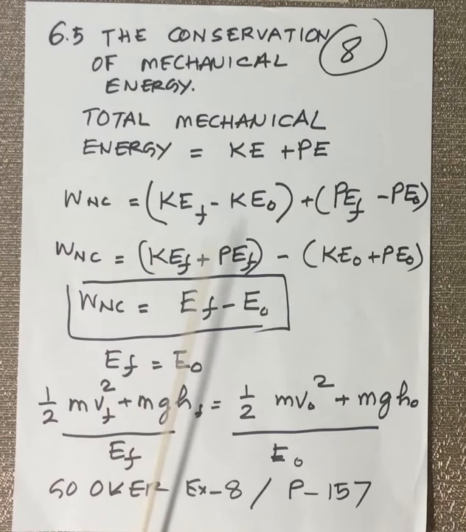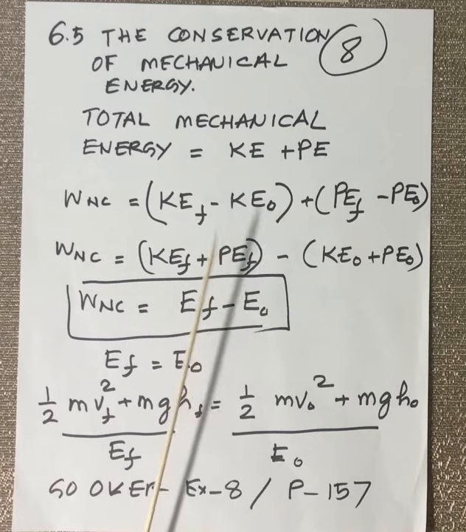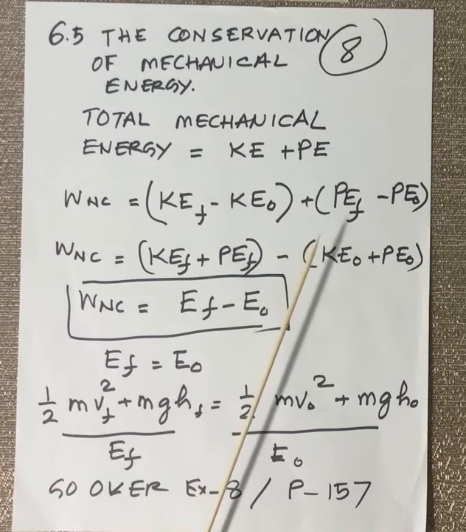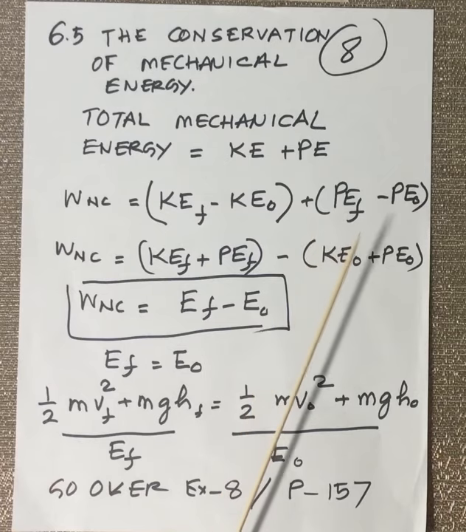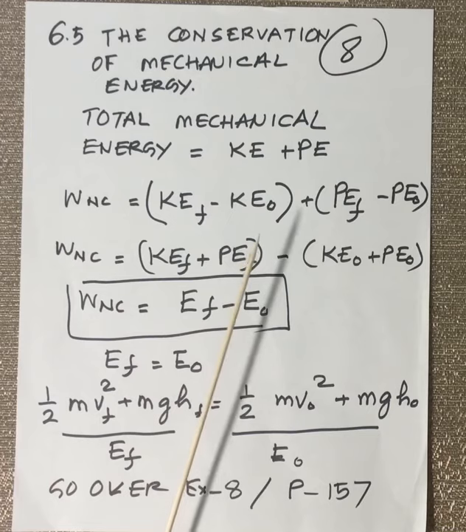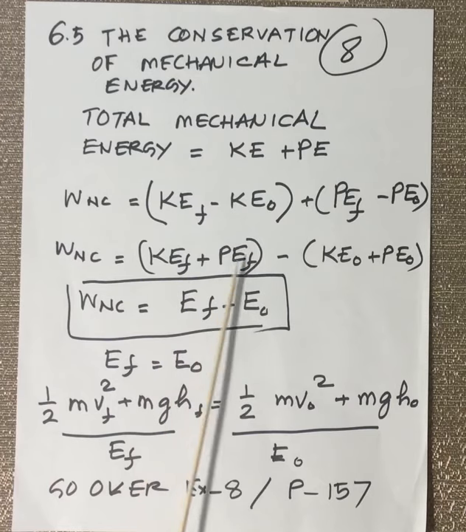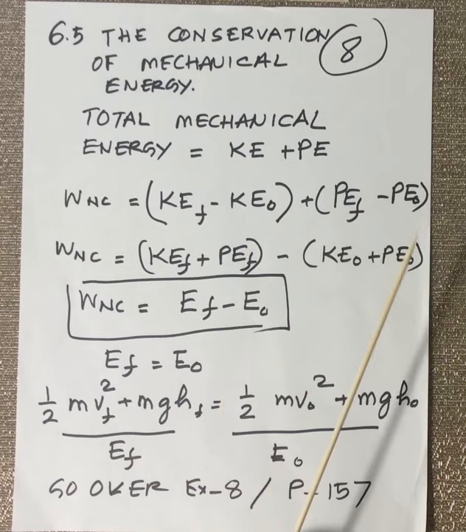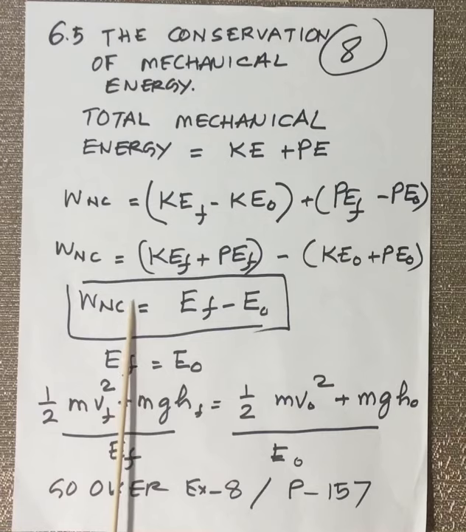Now look, K final take away K initial difference plus potential energy final take away potential energy initial difference is that. So now we'll organize K and P, final and initial. So work done by the non-conservative force will be energy final take away energy initial.